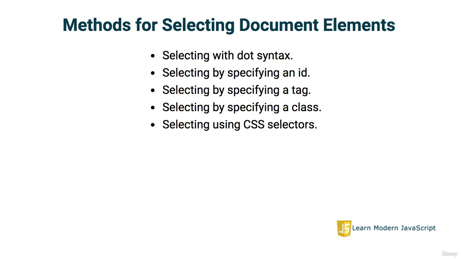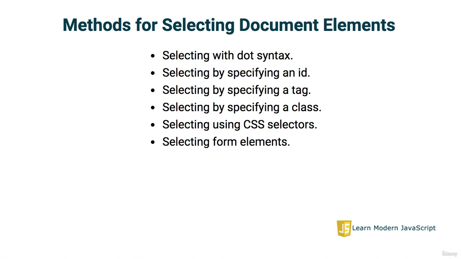If you're familiar with CSS and the way you use selectors in CSS to identify where you want to make style changes, those same CSS selectors are very powerful and can be used to select elements of a DOM for manipulation with JavaScript. And finally, there is a special method just for selecting form elements, and it's selecting by name, because form elements can have a name associated with them.